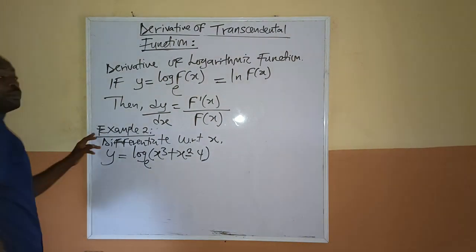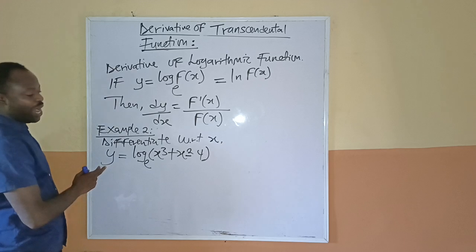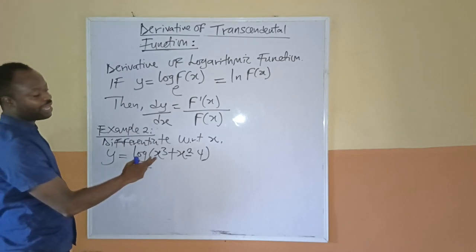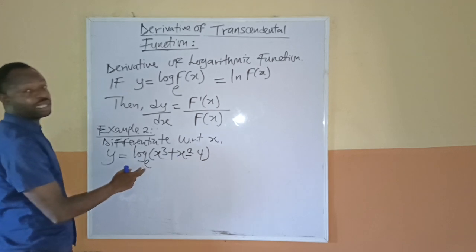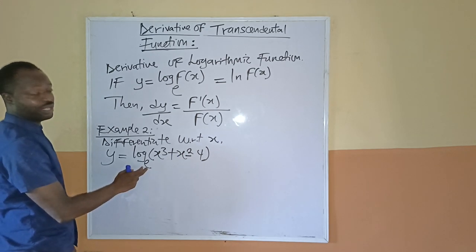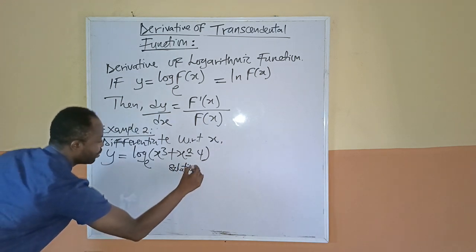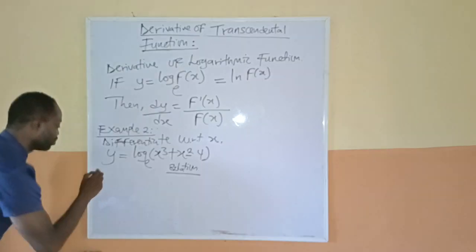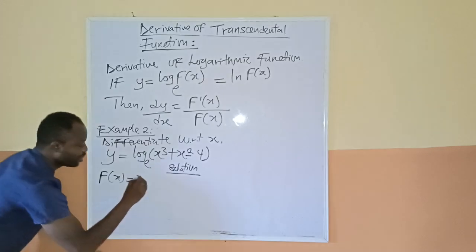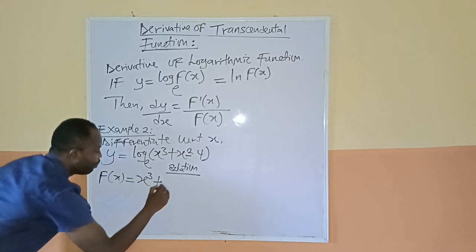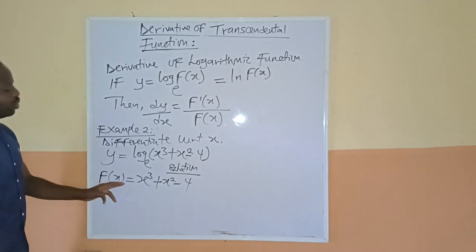So, example 2. Differentiate with respect to x: y equals log of x cubed plus x squared minus 4, in base e. In this case, I need to quickly identify my function. My f of x is x cubed plus x squared minus 4.